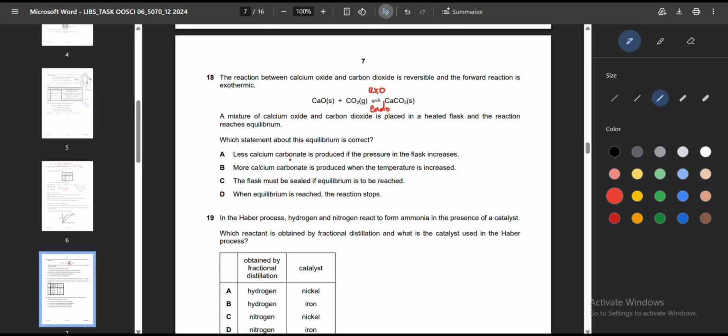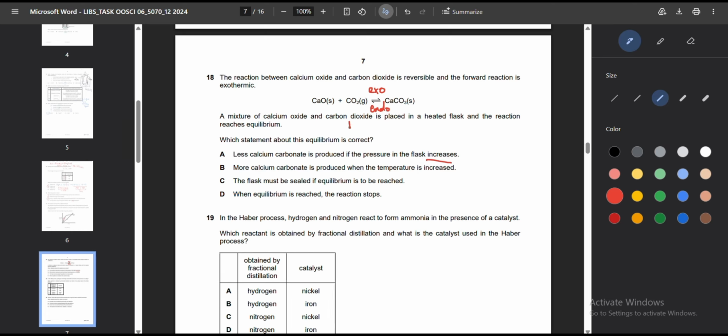Less calcium carbonate is produced if the pressure in the flask increases. Over here if you see, calcium oxide is a solid, carbon dioxide is a gas.